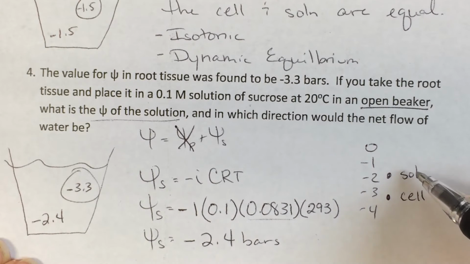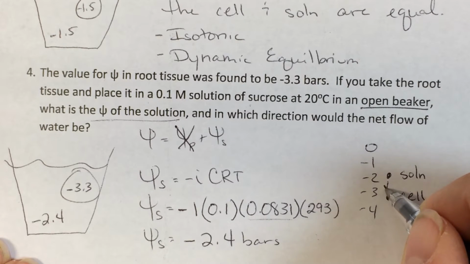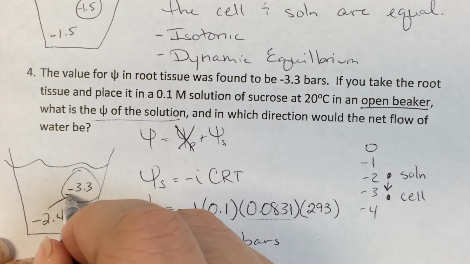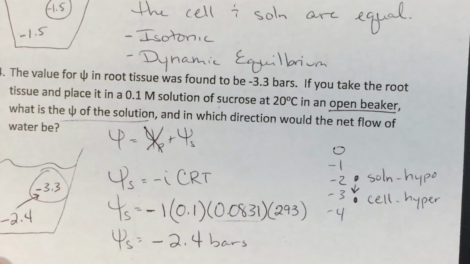And since my solution has a higher value than my cell, we'll see the net flow going from the solution to the cell. So this is actually going to cause my cell to get bigger. Whoever is on top is hypotonic, and whoever is on the bottom is considered hypertonic. So I have a hypotonic solution that is causing my cell to increase in mass because it's taking on water.